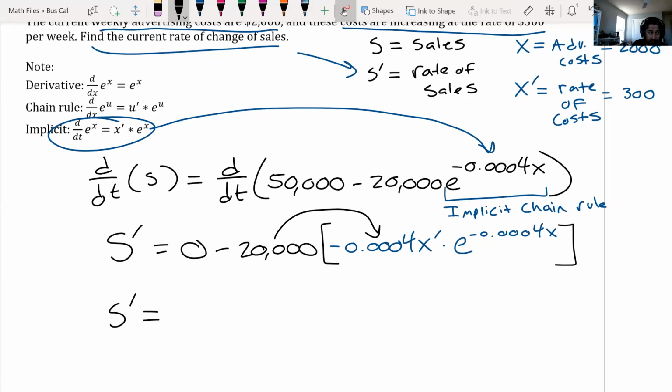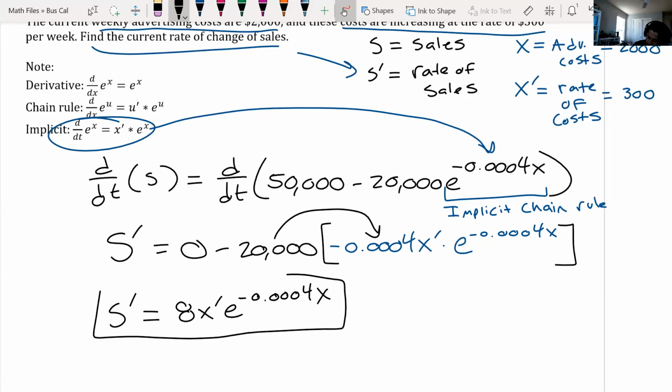So 20,000 times 0.0004 is going to give me 8x prime e to the negative 0.0004x. And there's our derivative. Now all we have to do is plug in x prime and x.